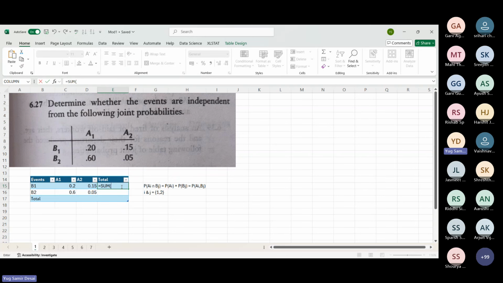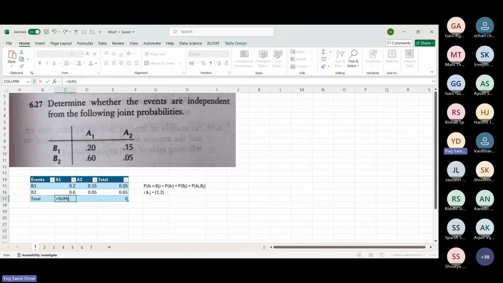I'll be using the sum function, a few of the Excel functions, for my advantage. Firstly, to compute the probability for B1, we'll add 0.02, when B1 is happening with A1, and 0.15, when B1 is happening with A2. Same thing we'll do for B2, and we get the totals of B1 and B2 respectively.